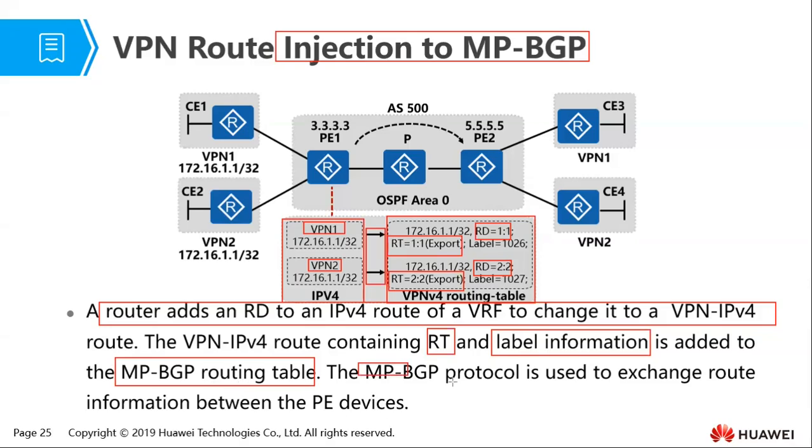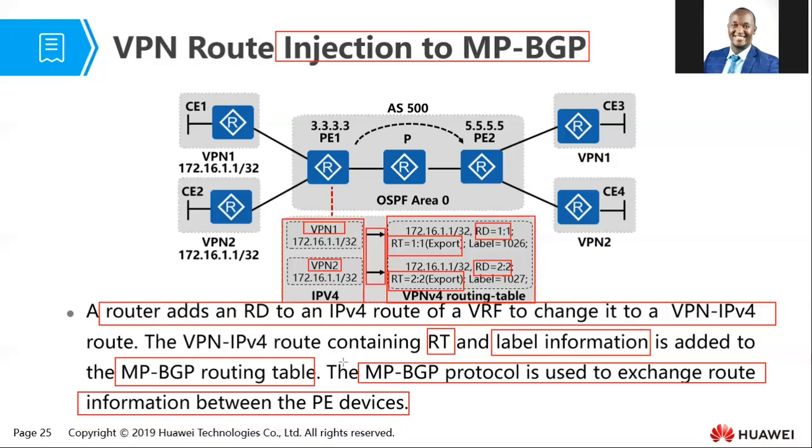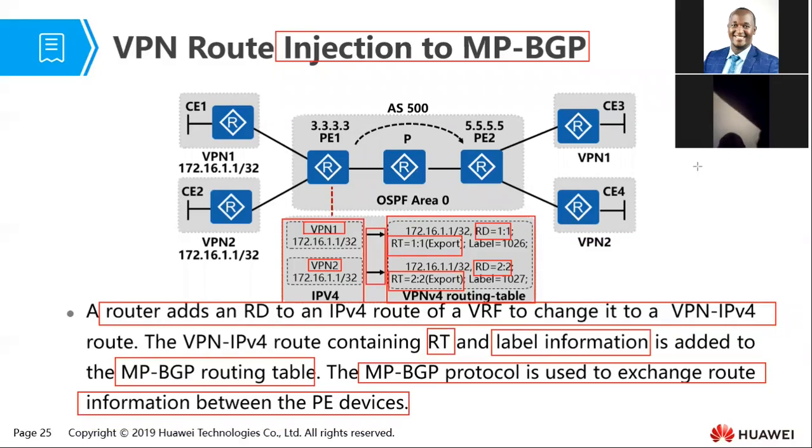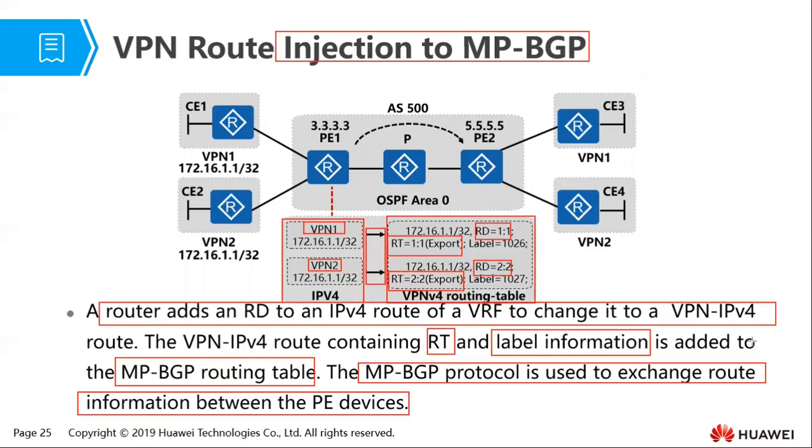The MP-BGP routing protocol is the one that is now used to exchange information between the PE devices. So that is what is going to share the information between those devices.